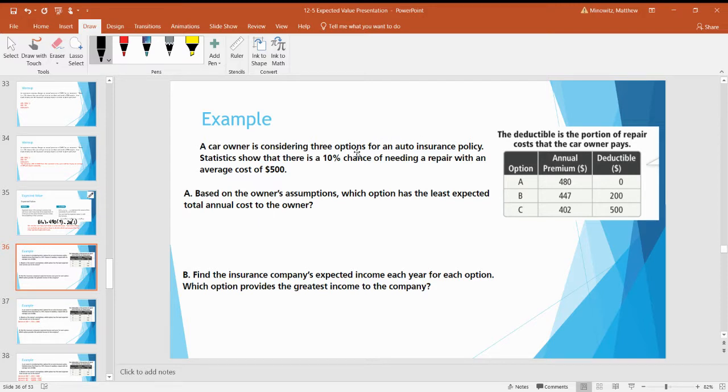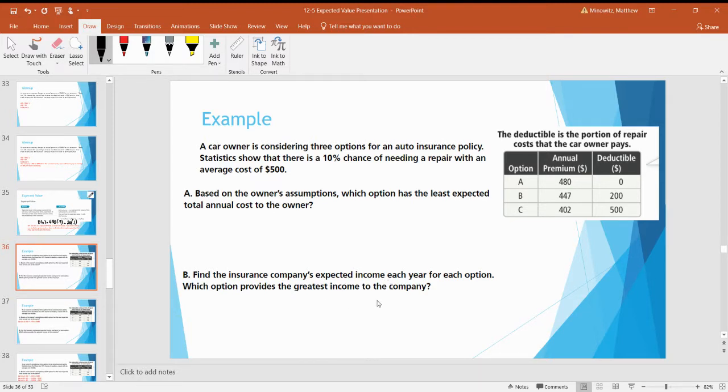So a car owner is considering these 3 options. Statistics show there's a 10% chance of needing a repair, with an average cost of $500. Which option has the least expected total cost to the owner? And then B, find the insurance company's expected income for each option.